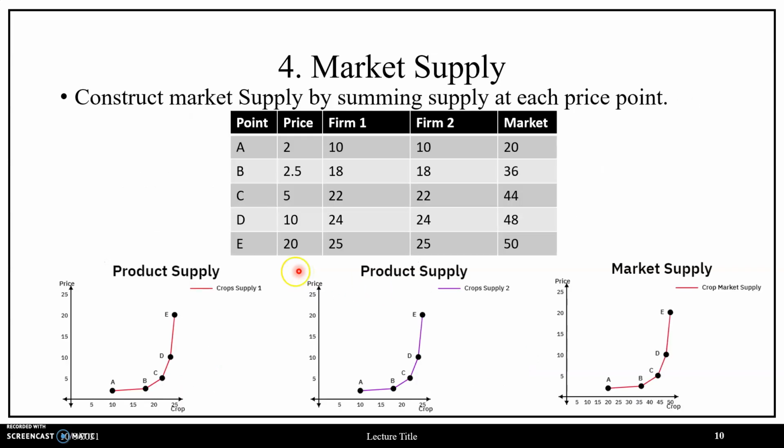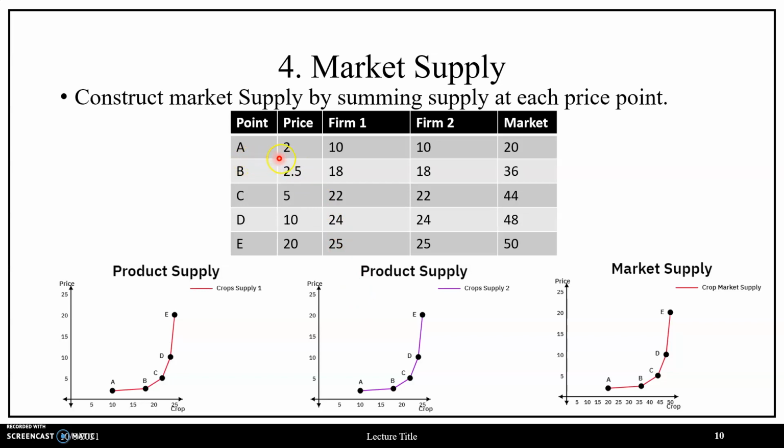So then with this information, in order to construct market supply, we will do what we did with product demand in constructing market demand, and just sum quantity for each of our agents at a given price point. And since the marginal cost curves for both our firms are the same, this is just going to be scaling our quantity by 2 at each price point.